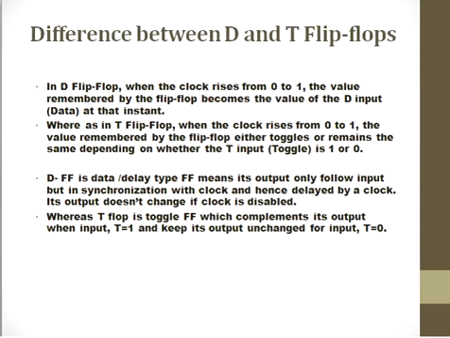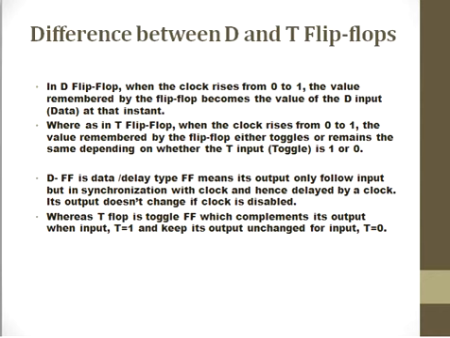And let us discuss the difference between these two types of flip-flop, the D flip-flop and the T flip-flop. In the case of the D flip-flop, when the clock rises from 0 to 1, the value remembered by the flip-flop becomes the value of the D input at that instant.